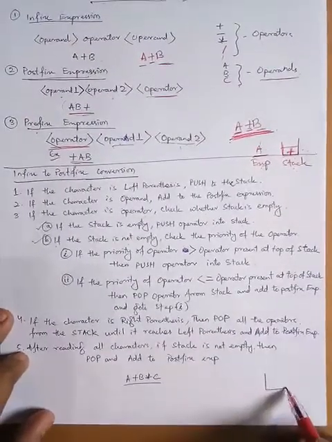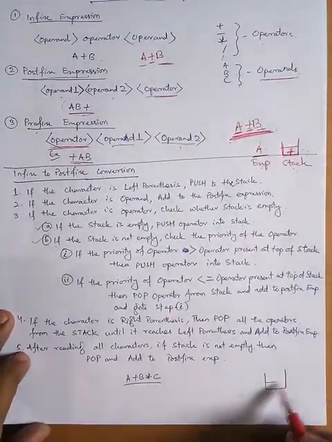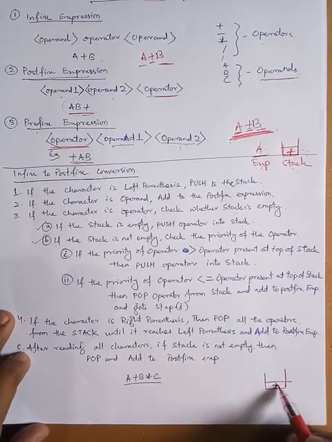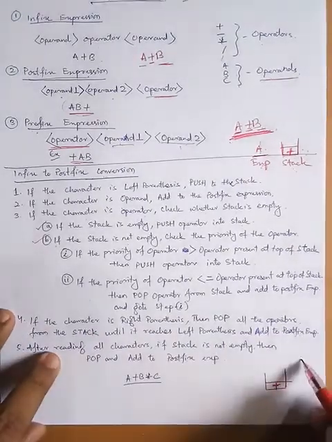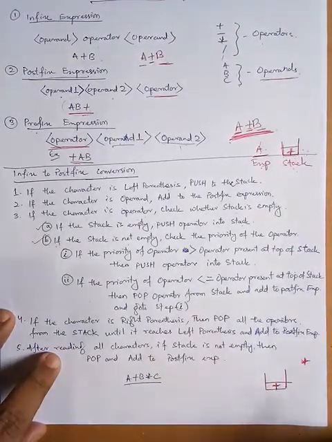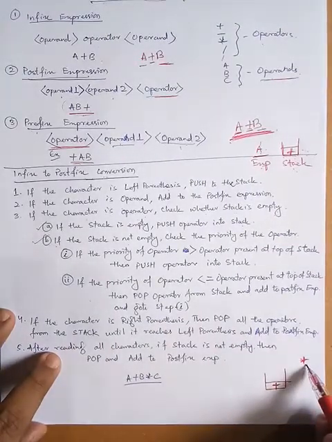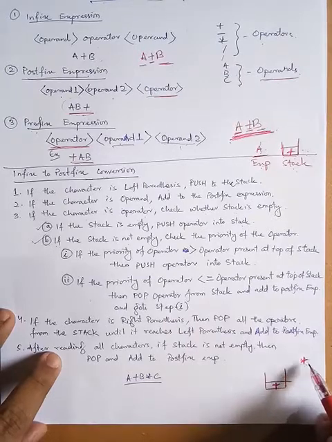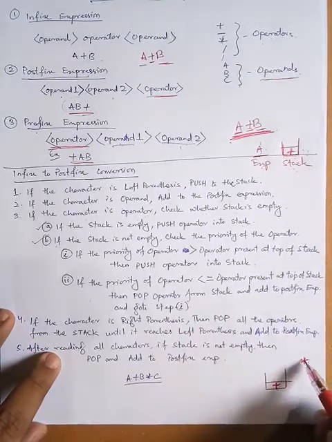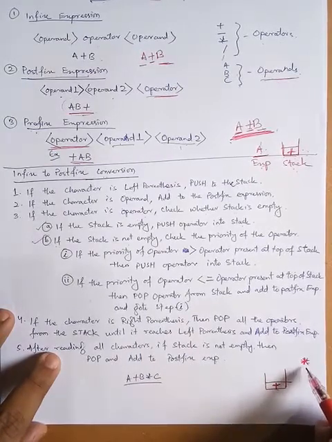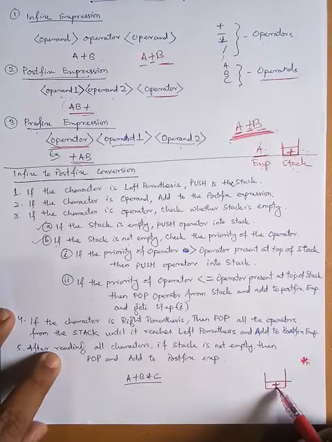Suppose there is one stack that contains the plus sign, and then a new operator comes, suppose star. You must know star has higher precedence than the plus symbol.